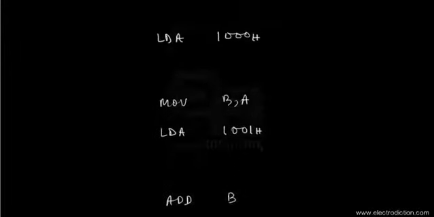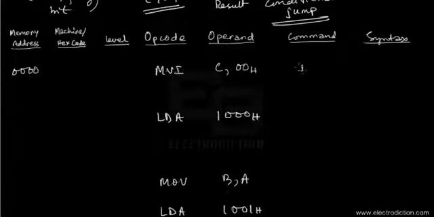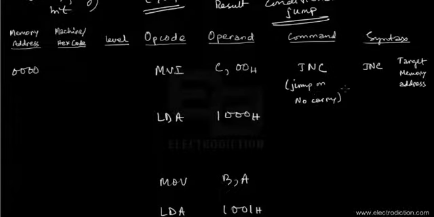So let's go over here. After the add instruction, we use the instruction JNC. Since it's a new instruction that you're learning, JNC stands for jump on no carry.